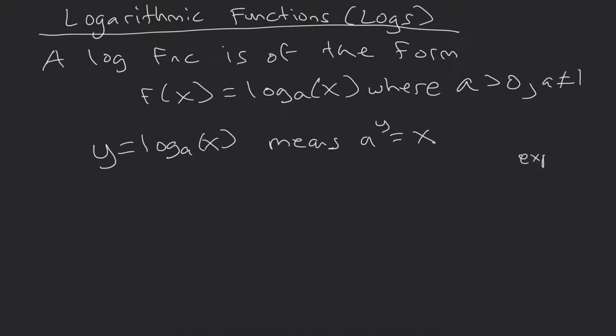That's very similar to what we were doing last time. Last time we were doing exponential functions, and those were a to the x equals y. And so in our log functions, we have the x and the y interchanged or inverted or whatever word you want to use. So moral of the story there is logs and exponentials are inverses of one another.